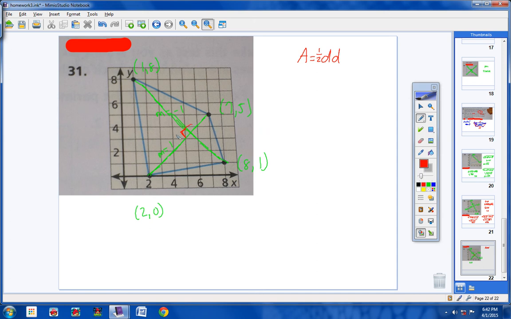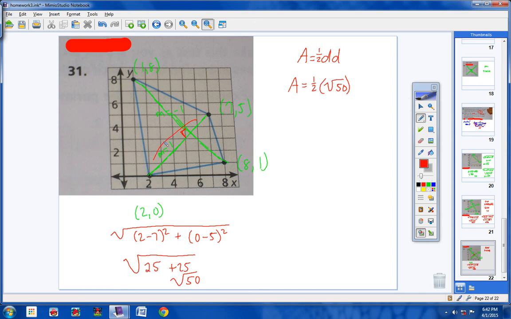So let's find the length of this diagonal here. Using the distance formula, I would have x minus x, 2 minus 7 quantity squared, plus y minus y, 0 minus 5 quantity squared, which would give me 5 squared, 25, 5 squared, 25, so the square root of 50. So one diagonal is the square root of 50.